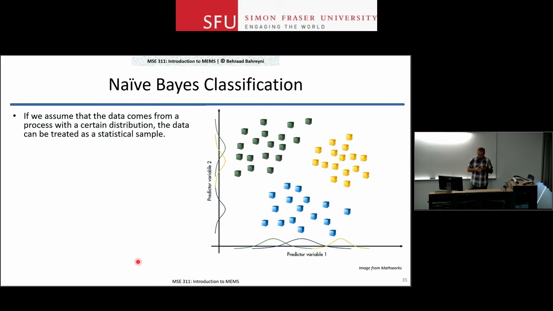So the assumption here is that the data that you have collected comes from a process with some distribution function, right? So let's say some process with some distribution function has produced this data. So this is one class. A second class has a different distribution function. So they have data that looks like this.